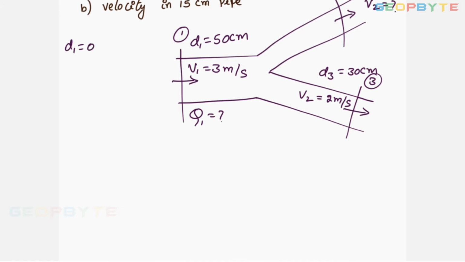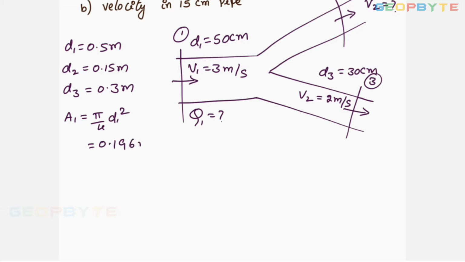d1 equal to 0.5 meters, d2 equal to 0.15 meters, and d3 equal to 0.3 meters. a1 equal to pi by 4 into d1 square. Simplify this for getting a1 equal to 0.196 meter square.